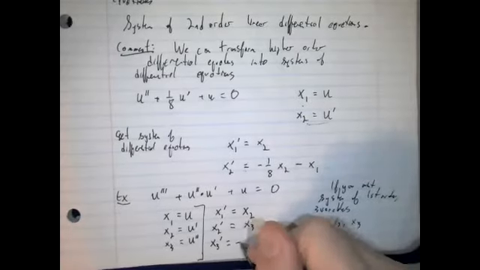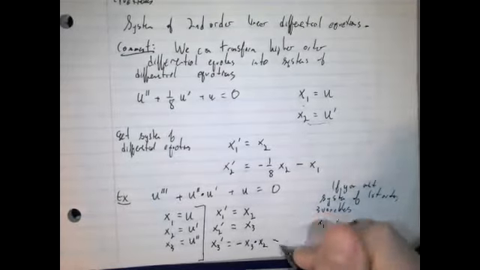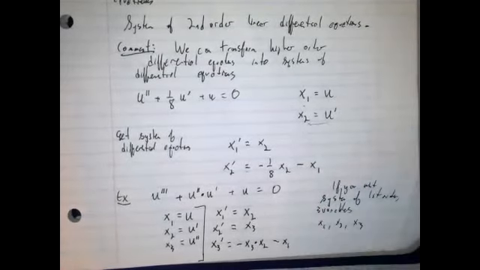Negative x3 minus x2 minus x1. Negative 3 times x2 minus x1. Right? All I did there was I moved this term to the other side, and I can rewrite everything in here in terms of my functions.